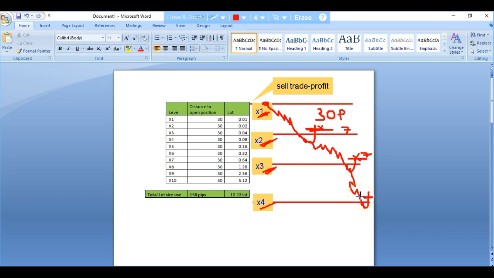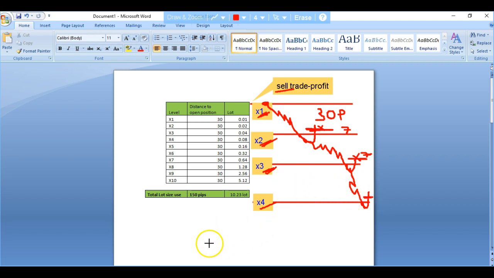So while your sell trade is losing on the other side, the one we just discussed, remember that your profit portion is still working, so it doesn't matter whether you're on one side or you're ranging.